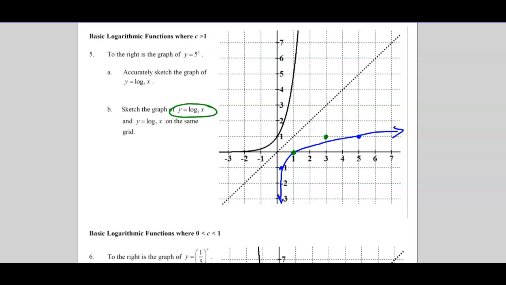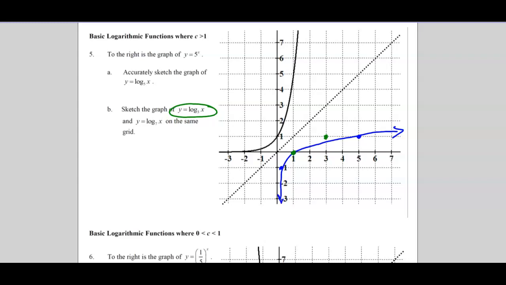Not -3, but I know what you're getting at. 1/3. Yeah, you said that. Good though. So a reciprocal there, right? Because in the original, 3 to the -1 is 1/3. So now (1/3, -1).